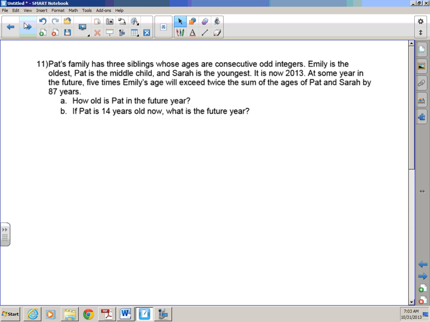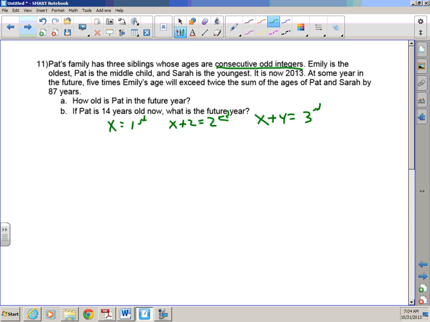And we're at number 11. About Pat's family, 3 siblings. Ages are consecutive odd. So, x is the first. X plus 2 is the second. Remember, even though it's consecutive odd, you're adding 2 and 4 to it. Third. Emily is the oldest, Pat is the middle, Sarah is the youngest. It is now 2013.